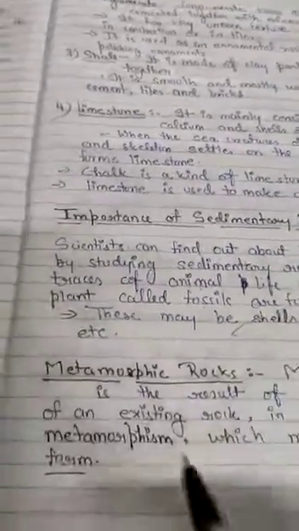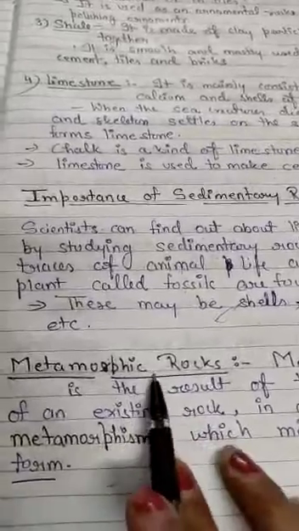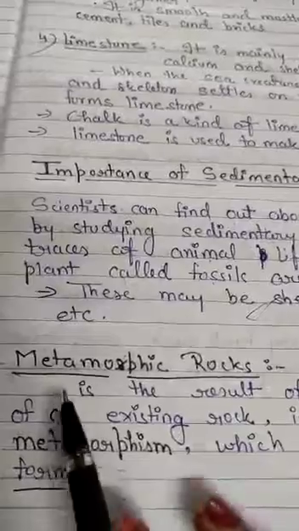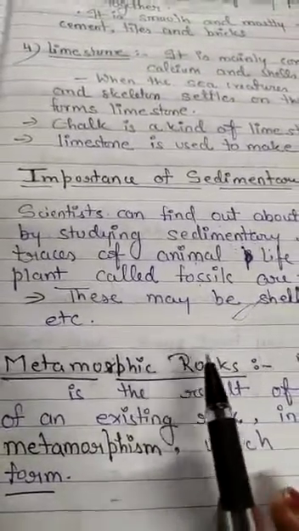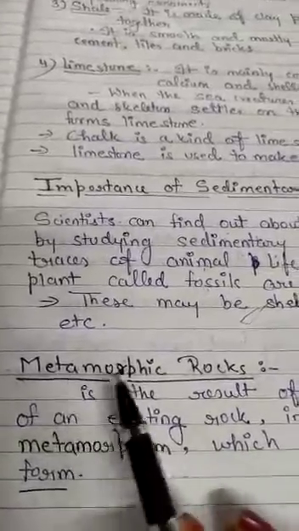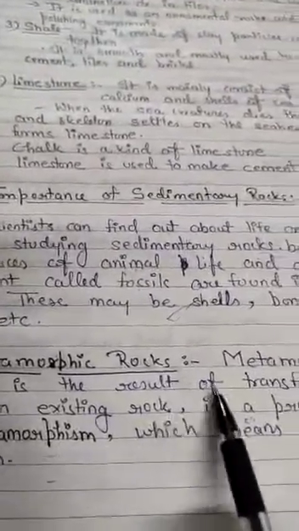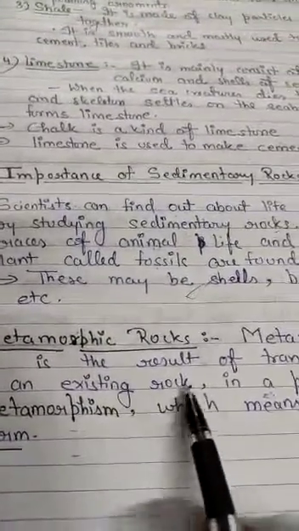Now we'll study metamorphic rock. Students, today I'll give you a small introduction about metamorphic rock, and in the next class we will study the types of metamorphic rock and do a detailed study also. Metamorphic rock is the result of transformation of an existing rock.